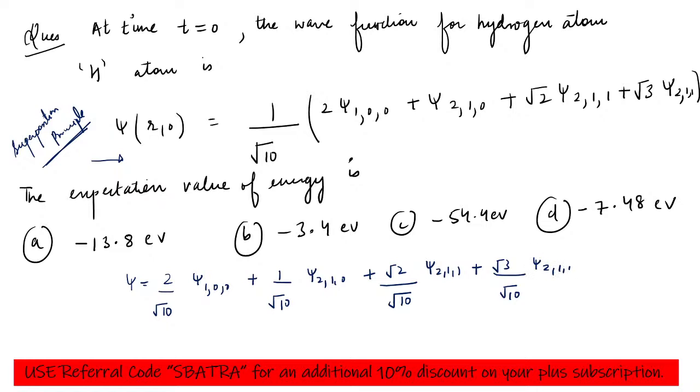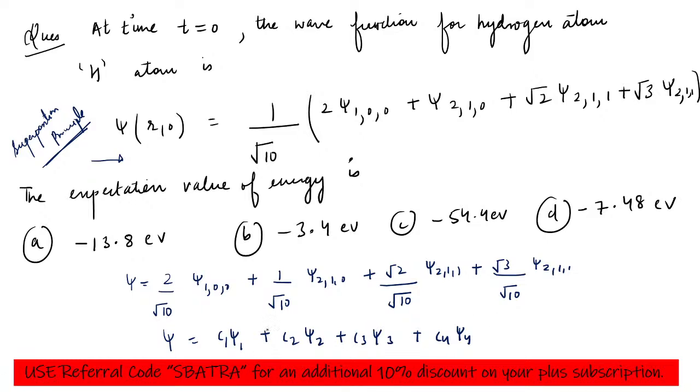This is your particular equation. So I can write phi is equal to C1 phi 1 plus C2 phi 2 plus C3 phi 3 and C4 phi 4. So this is your function.